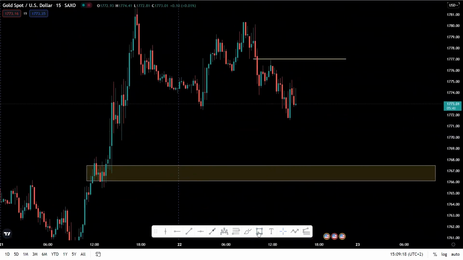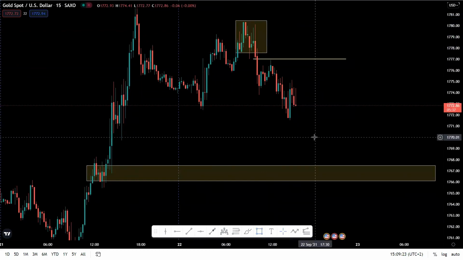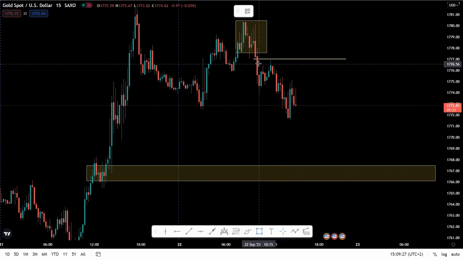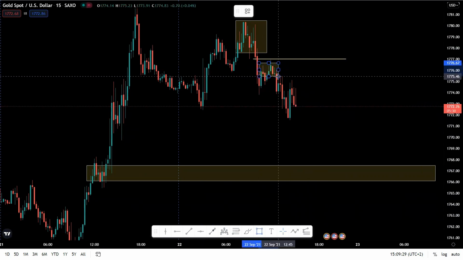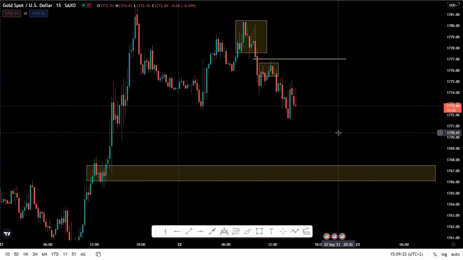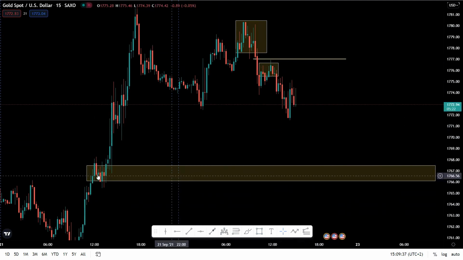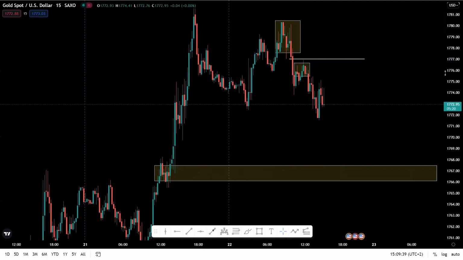Structures we have already broken. That structure was broken and all that. And the market is so much biased to the downside. Look at this. That is the structure. It was broken. So the market is busy creating lower lows, lower lows, lower lows.